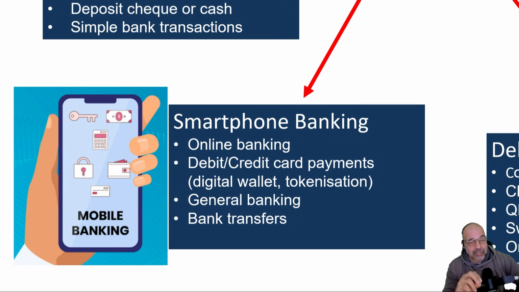Now, the advantage of this is that your bank details are not transferred to the shop or whoever it is that you're paying using the EFTPOS system. So your credit card details, your debit card details are not shared with anybody. The only thing that is shared is that token. Okay, so it's very good.